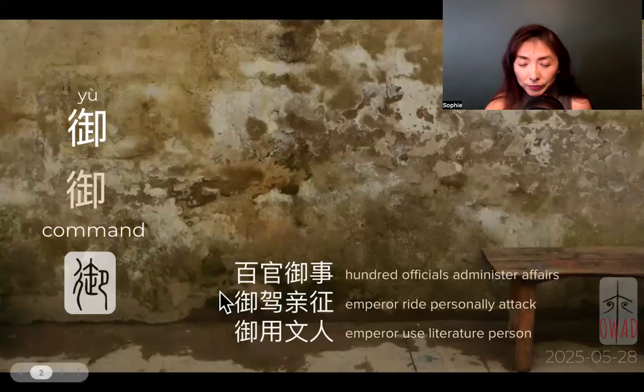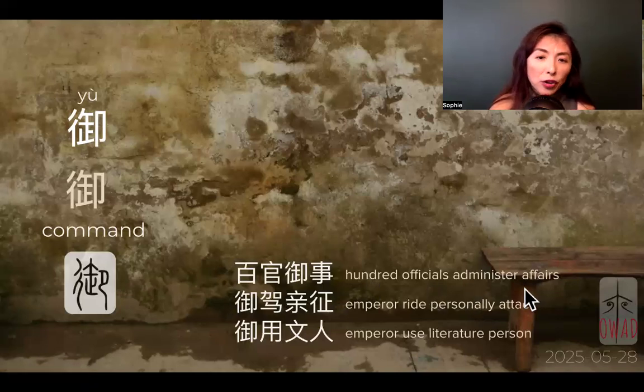Okay. 百官御史, 100 officials administer affairs. That 100 is simply a number, meaning a big number. Lots of officials administer affairs. So here, command means somebody who can carry out orders to give a go or no go of things.